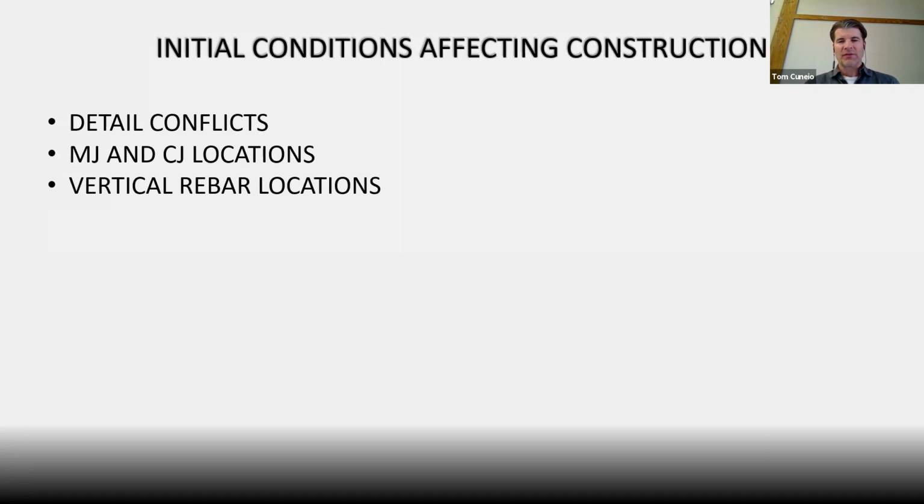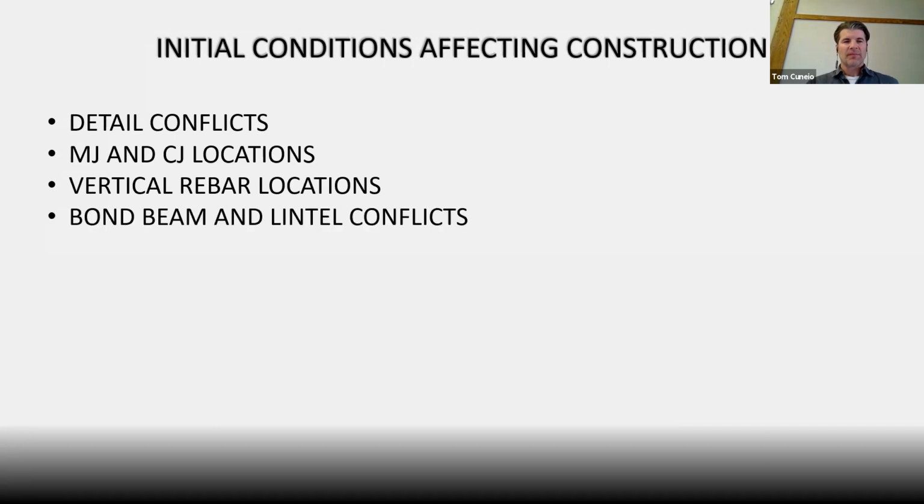Rebar is usually just given as a schedule. It's not even graphically represented in the designs. Same thing for bond beams and lintels. These are the structural elements that support windows and doors and openings in a wall. Again, they're generally just a table in the structural documents. They're really not graphically represented, and we see very often in construction where we have conflicts.